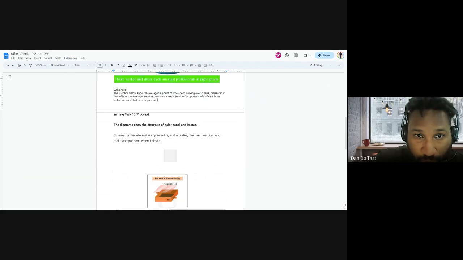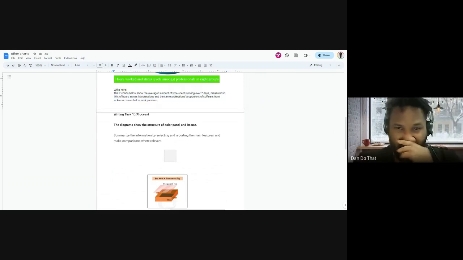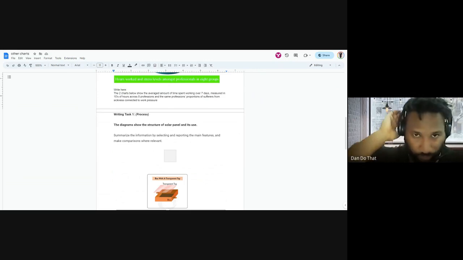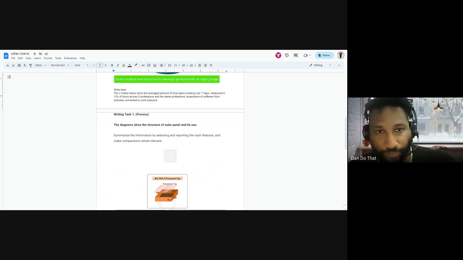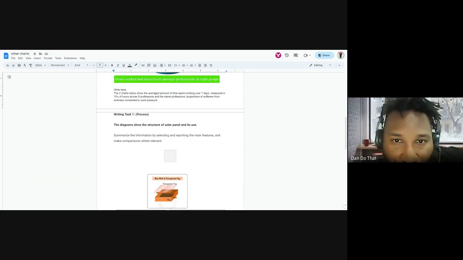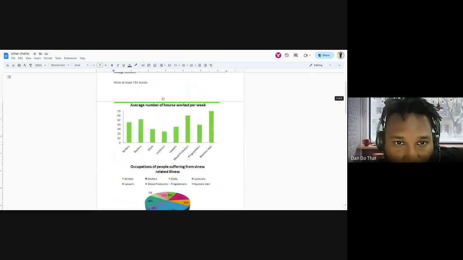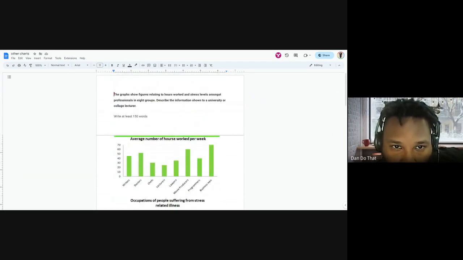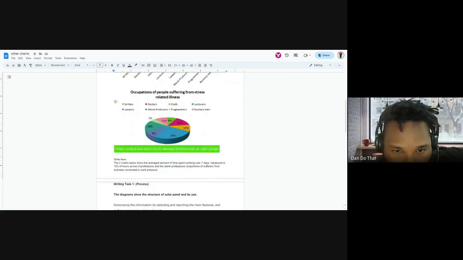Can you see where we are? It's under right here. So we got the titles paraphrased. Now you need to add in your blah blah blah. Come down underneath the graph to right.